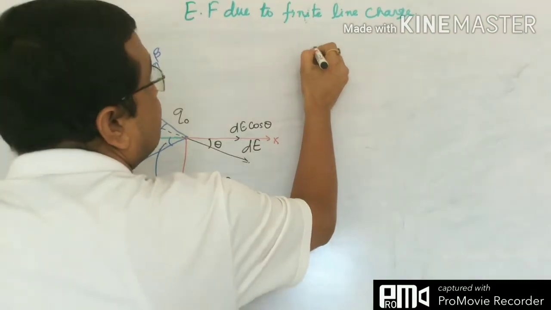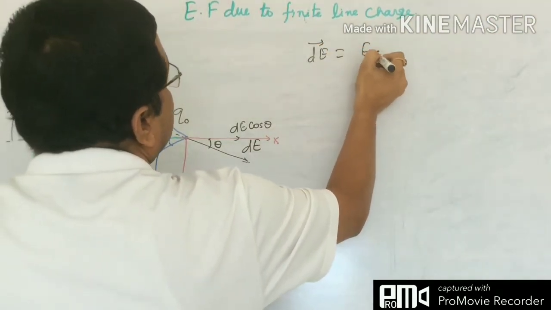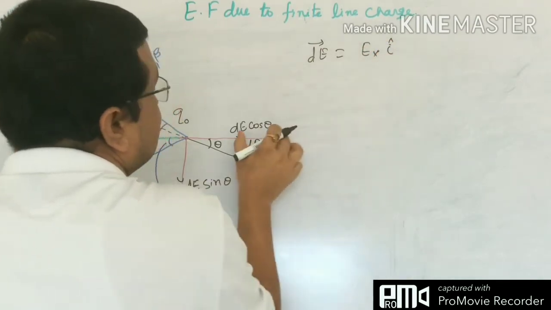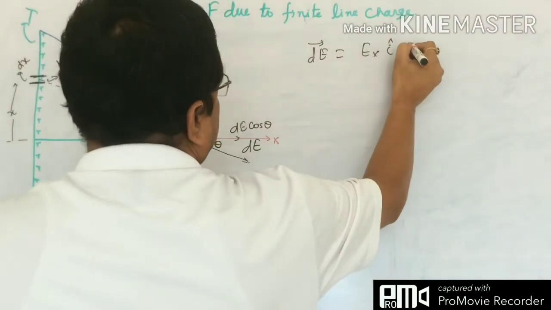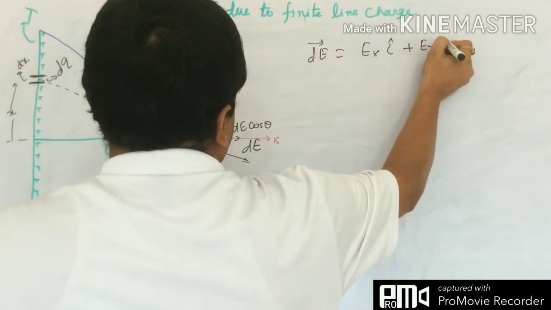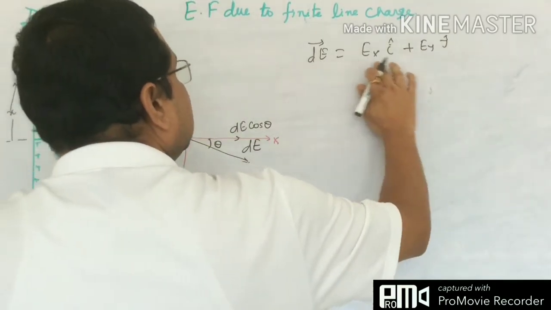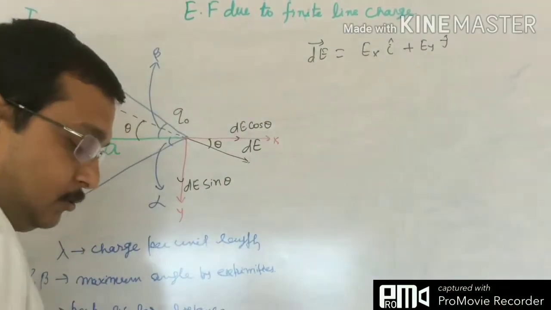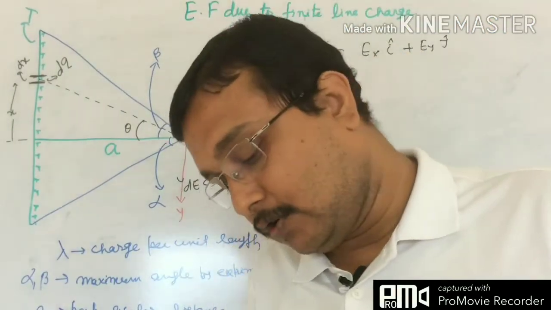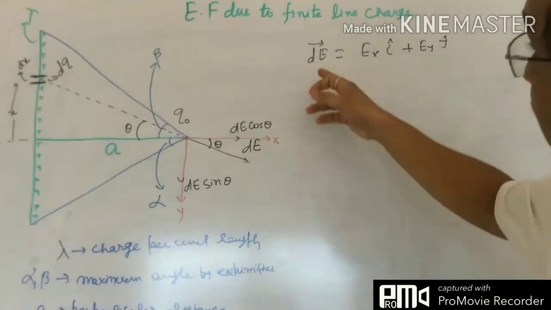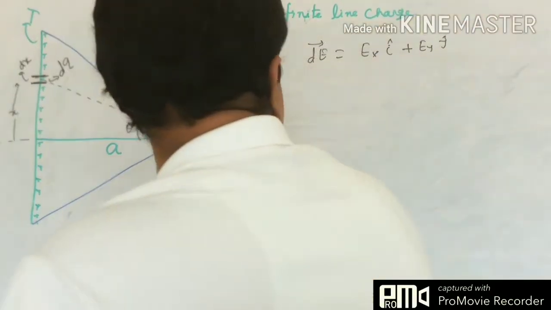When we talk about dE, dE has two components, Ex i plus Ey j, where Ex and Ey are the magnitudes of electric field along the x direction and y direction.